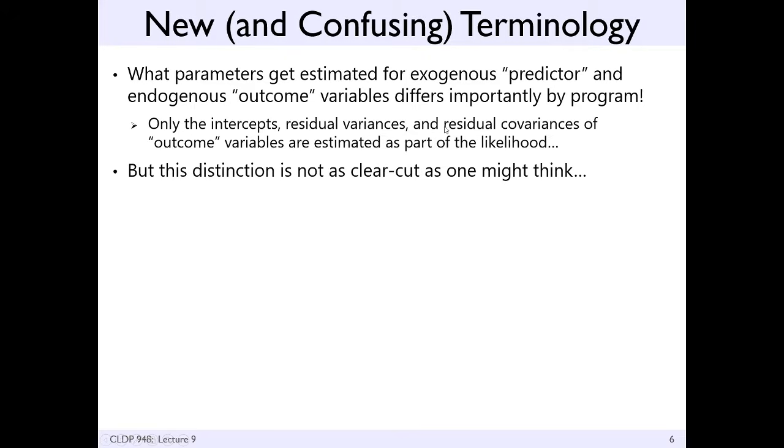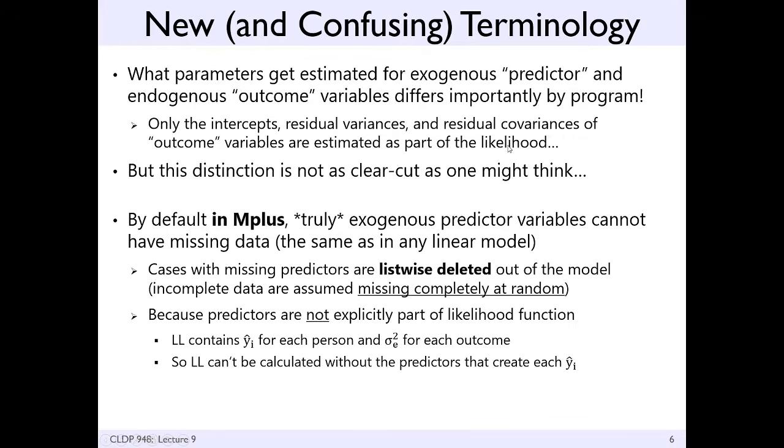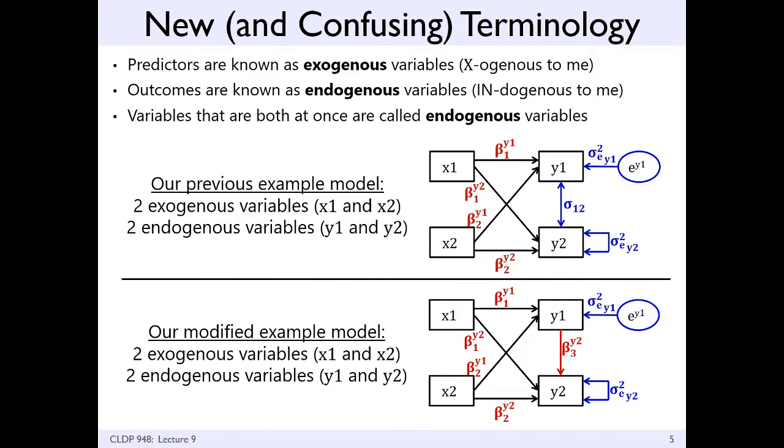So what goes into the likelihood? Outcomes only. So if you're running M+, for instance, and you have a predictor. Let me give you the context of a model here. X1 and X2. In these models, these are predictors. If you fit this model, in which you tell M+ to estimate all of these regression paths, the syntax is pretty straightforward.